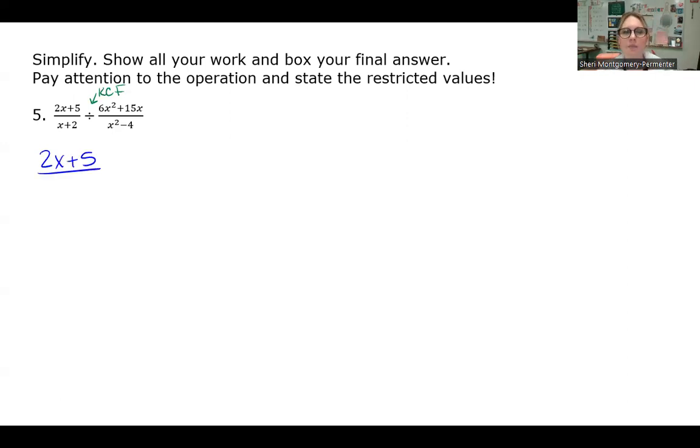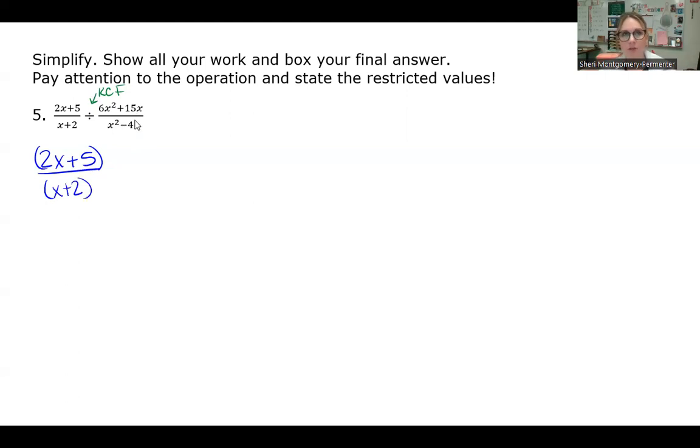Anytime I have 2 terms, I'm going to double check to see if there's a GCF. There's nothing you can divide 2 and 5 by, so that doesn't factor. X plus 2, that doesn't factor. Also, as I rewrite these, it's sometimes helpful to put them in parentheses. I know that keep, change, flip means that I'm going to change the operation to multiply and flip the fraction.